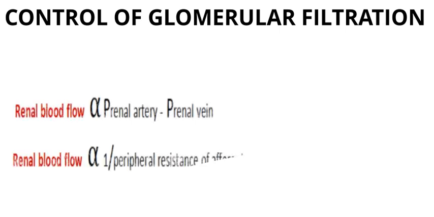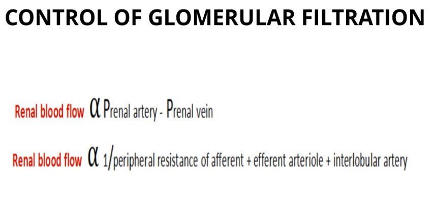The main determinant is the renal blood flow, which is directly proportional to the pressure between the renal artery and the renal veins, and is inversely proportional to the peripheral distance of the afferent and efferent arteriole and that of the interlobular artery.